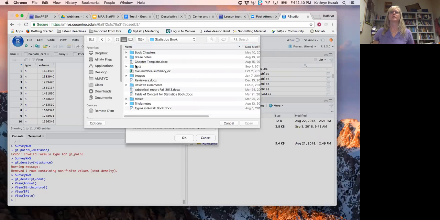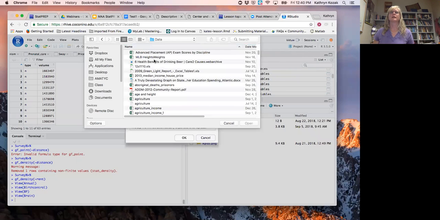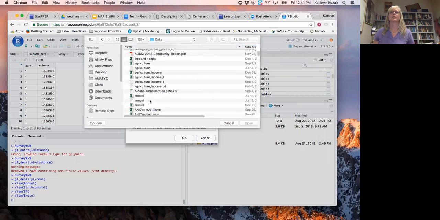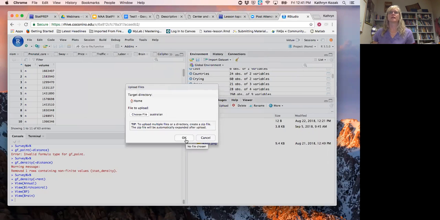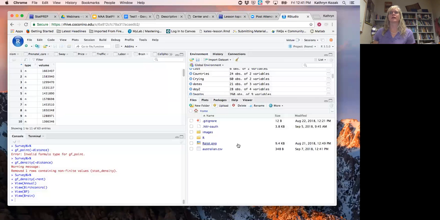So let me go into my data sets, and let's say I've got one here that is a CSV file. This is Australian. I don't know what this data is until I open it. It's some data from Australia, and then I can say, okay, I want to open that, and then it'll bring that data set in for me, and then I can click on it, and I can actually import it.